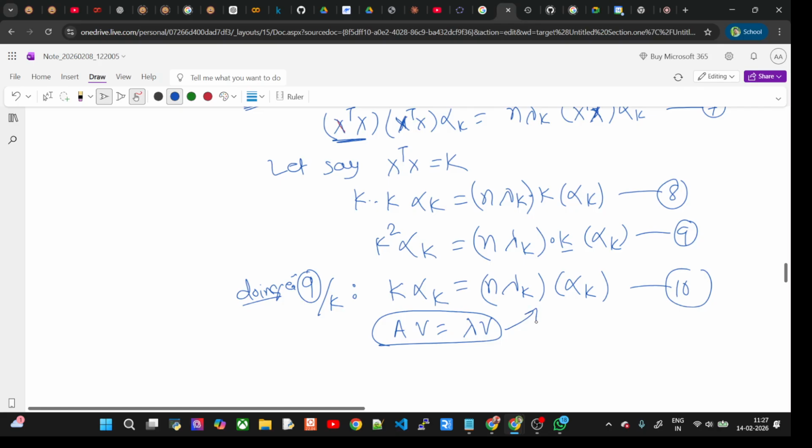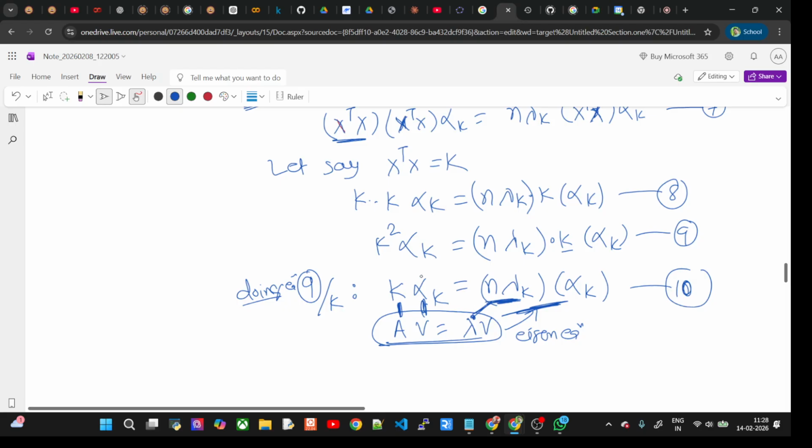Correct? Can you see there is a similarity between equation number 10 and this eigenequation A V equal to lambda V? You can see this A is the same, the same V is also going here, and instead of lambda we are having n lambda k. That's okay, it's the scaling of lambda k. So it looks like an eigenequation.